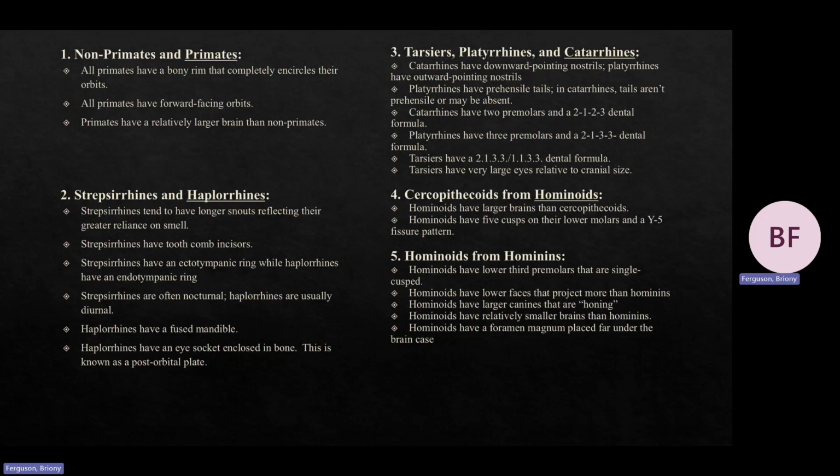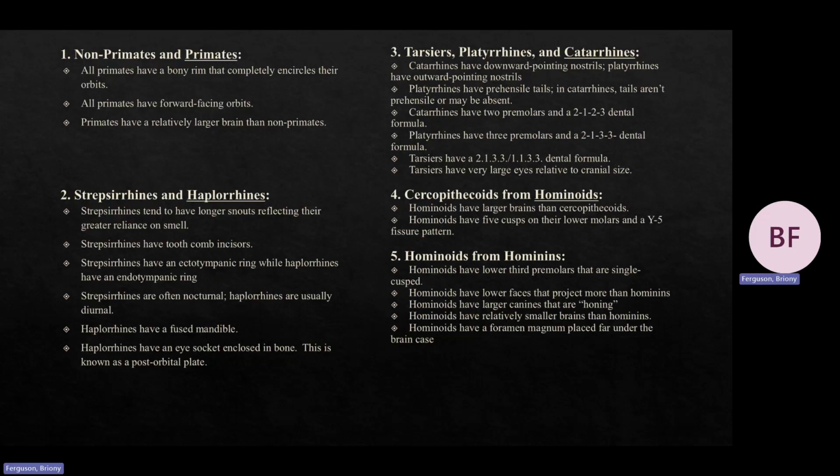Strepsirrhines also have an ectotympanic ring, while haplorhines have an endotympanic ring. Strepsirrhines are often nocturnal, whereas haplorhines are usually diurnal, so they are awake partially during the day and partially at night. Haplorhines also have a fused mandible, as well as an enclosed eye socket.